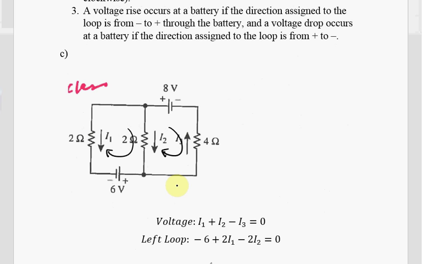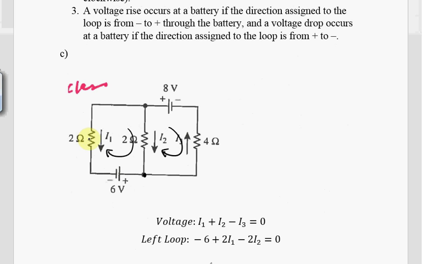So if I start here with the left loop, if I make this bottom node my reference point and go clockwise, I get to this 6-volt battery. It goes from plus to negative. That means there's going to be a negative charge there from the battery, right? So it's -6. Then when I come to this resistor up here, there's 2 ohms assigned to it, right?